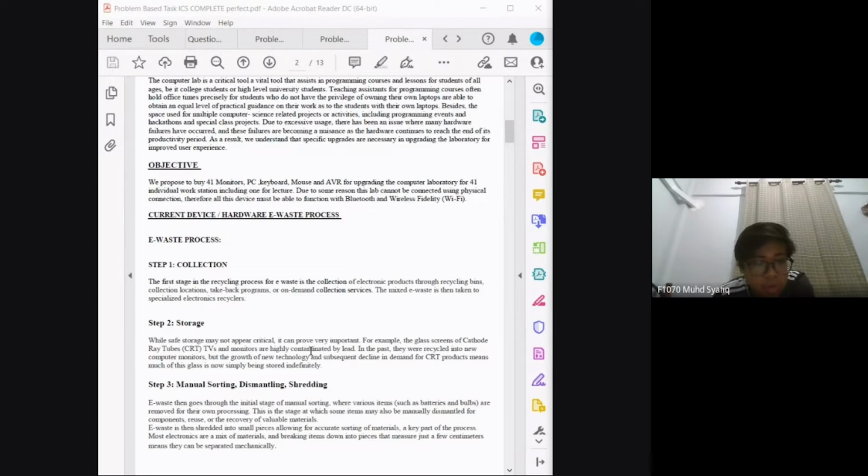Next, step 3, manual sorting, dismantling, shredding. E-waste then goes through the initial stage of manual sorting, where various items such as batteries and bulbs are removed for their own processing. This is the stage at which some items may also be manually dismantled for component reuse or the recovery of valuable materials.